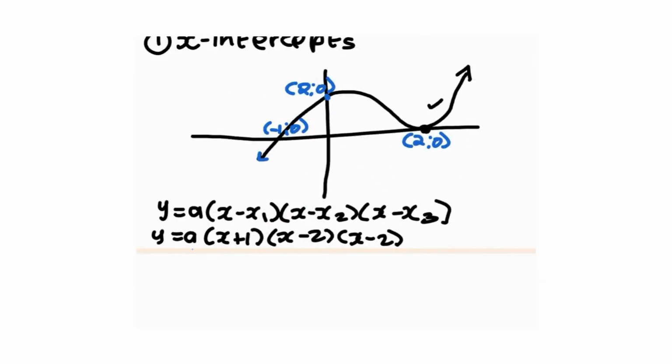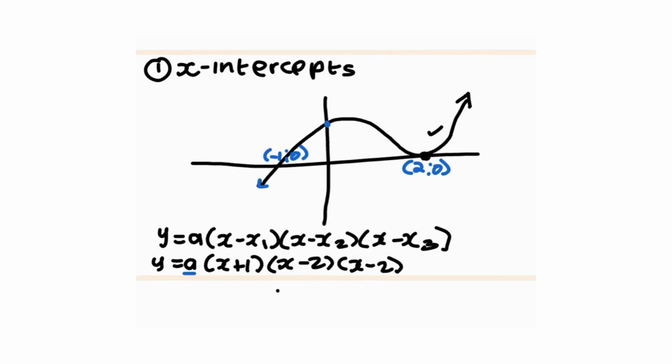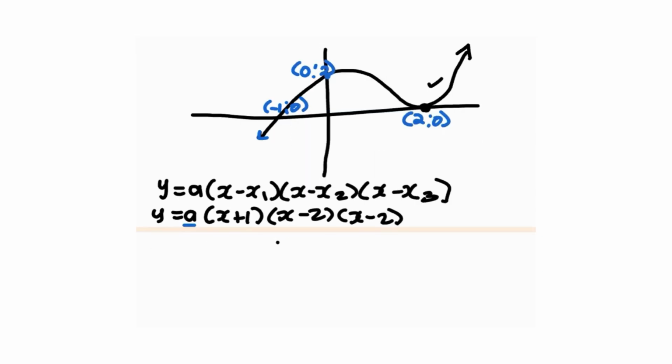Now what is important is for us to find the value of a. In order to find the value of a, we substitute the other point, the third coordinate that we have, which is 0 and 2.